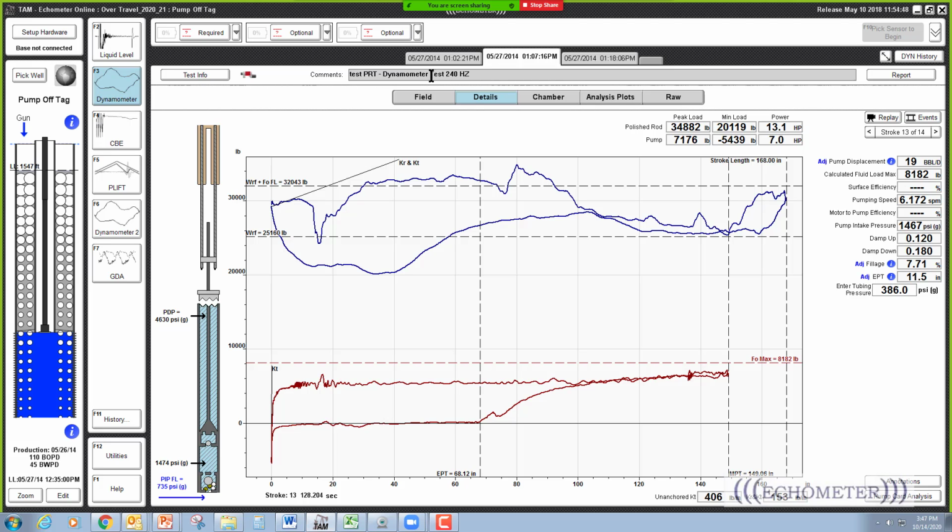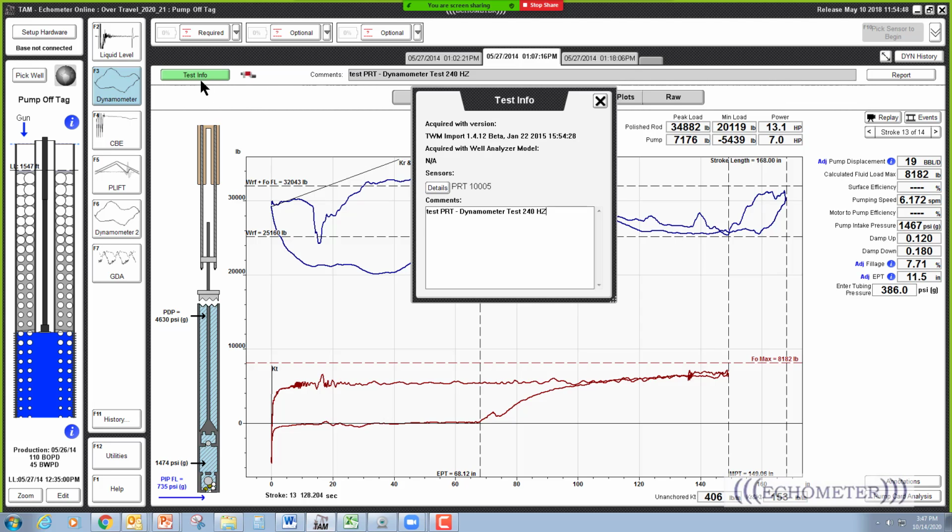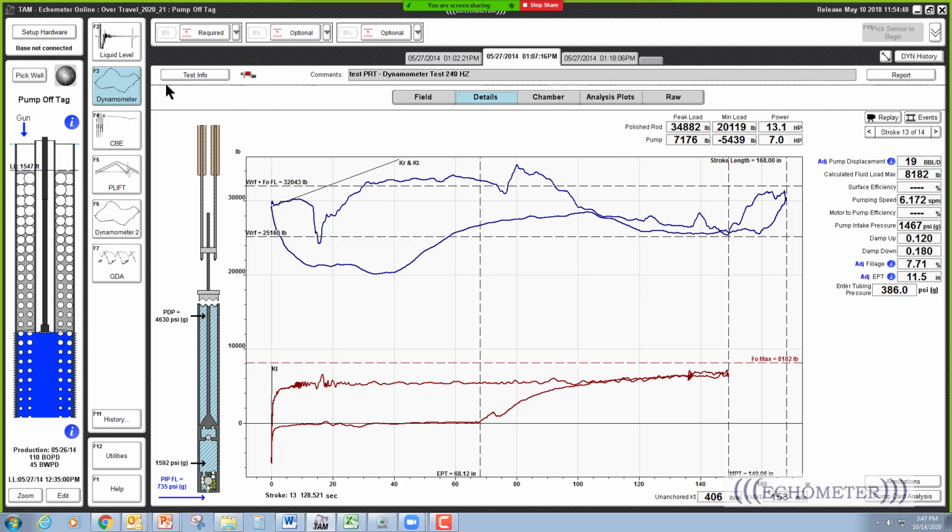And so this well, we were collecting data with TWM and with TAM simultaneously. And this data was collected with the TWM software. Yeah, TWM import. And when we looked at the data inside of TWM, all we saw was these jagged lines because for this well, this speed, the wave equation for the rod string became unstable.